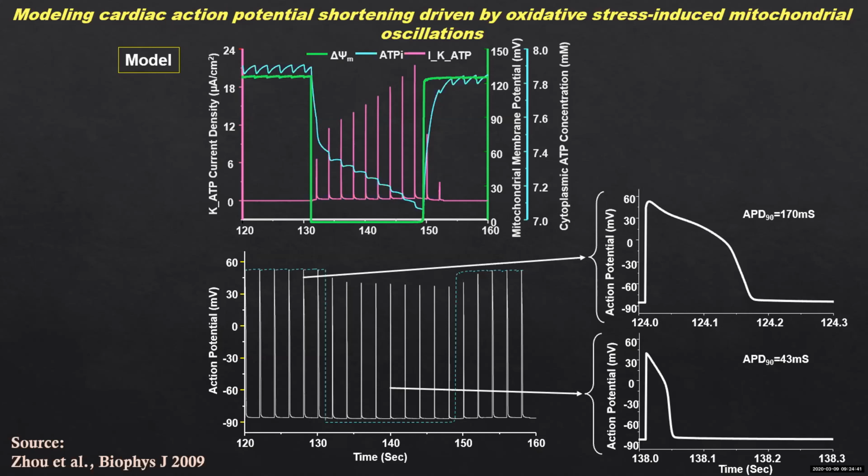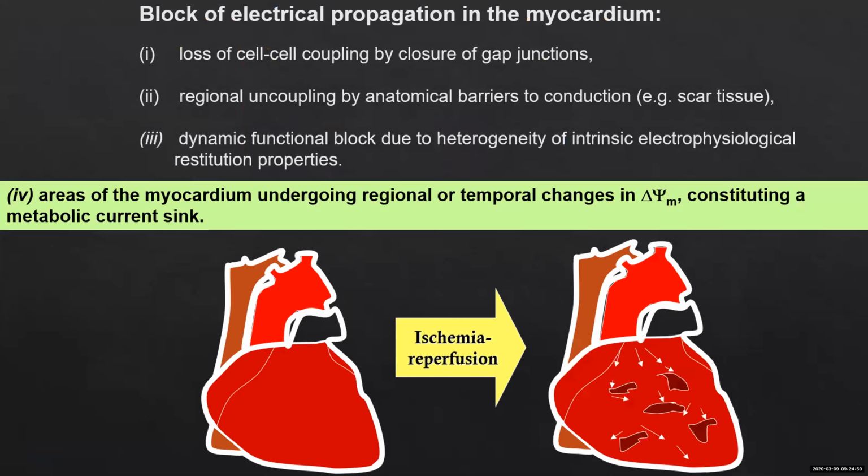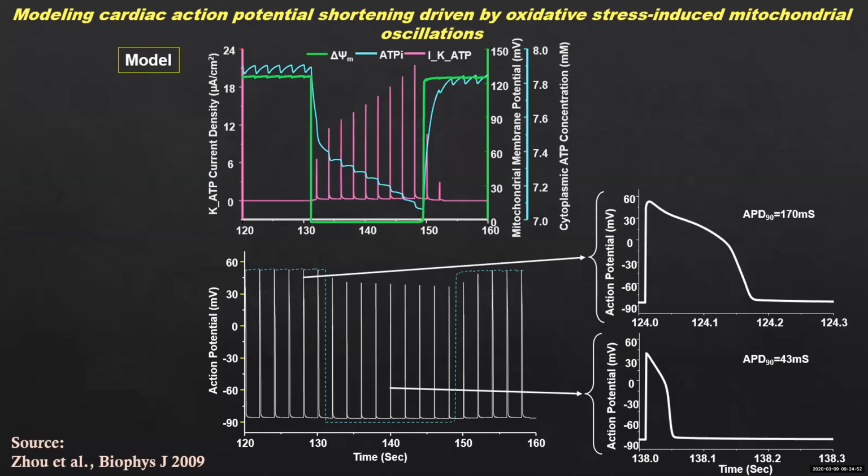As shown here, during the loss of the membrane potential, the green line, the action potential is drastically shortened. So it is normal when the mitochondria are polarized, and dramatically shortened during the mitochondrial depolarization.